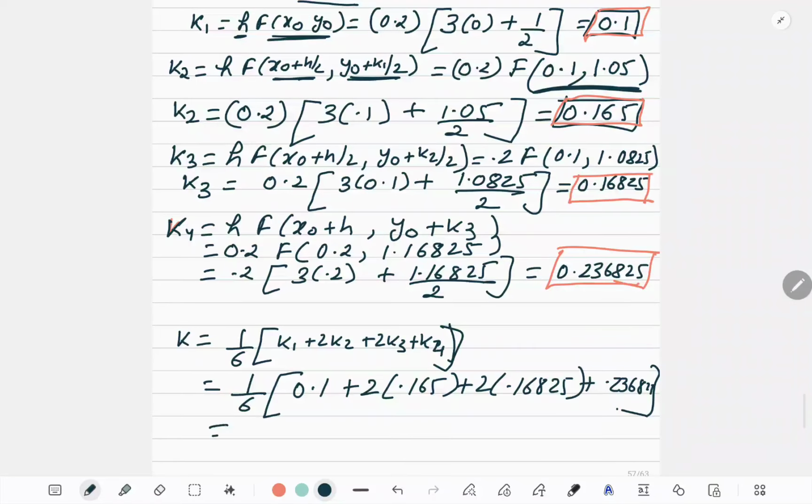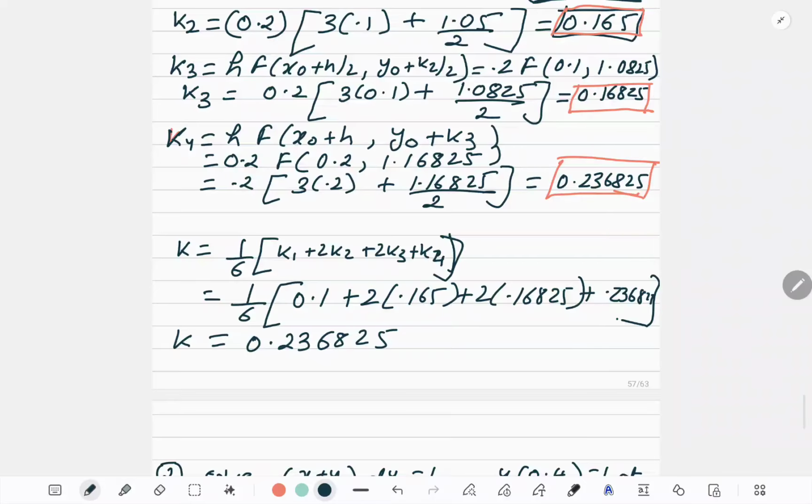So when I solve this, I'll just correct this. I took the last value in the calculator. So now my K value will be 0.167228.